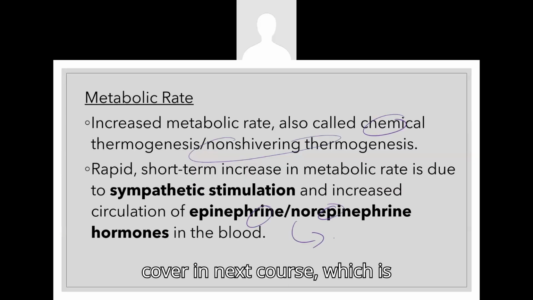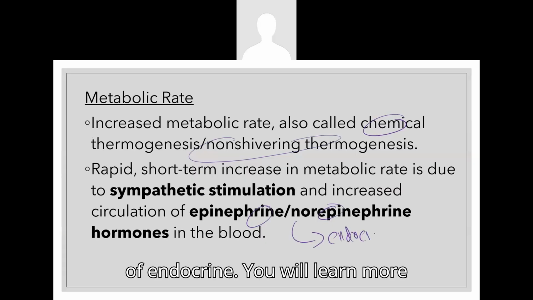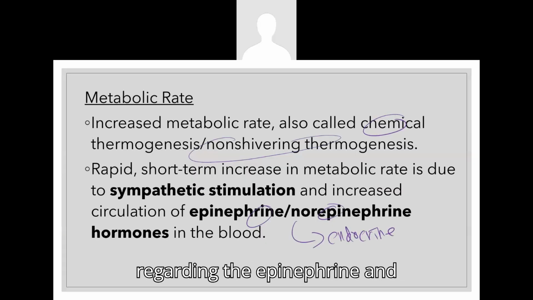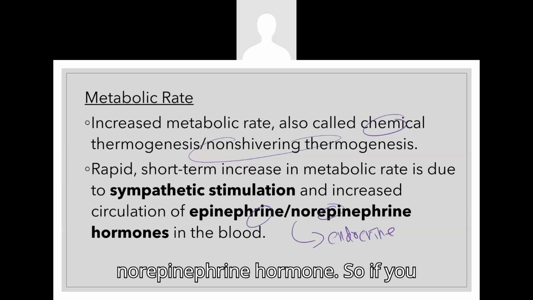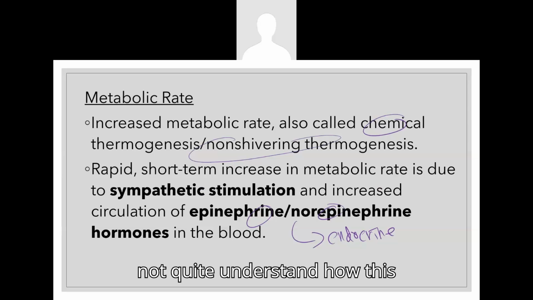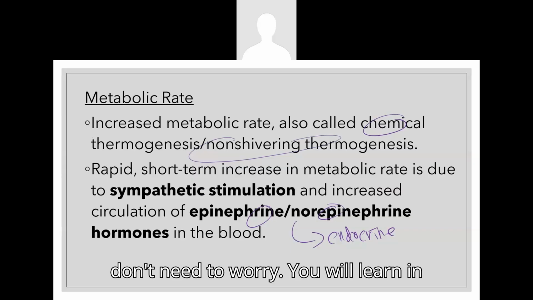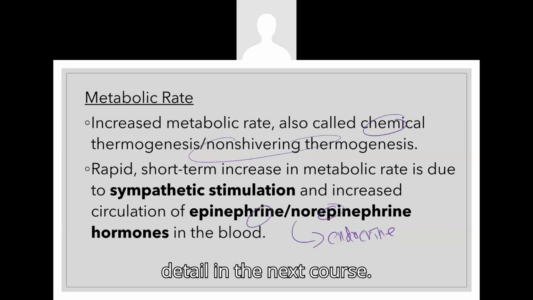This you will cover in the next course, which is the course of endocrine. You will learn more regarding the epinephrine and norepinephrine hormone. So if you do not quite understand how this hormone increases metabolic rate, you don't need to worry. You will learn in detail in the next course.